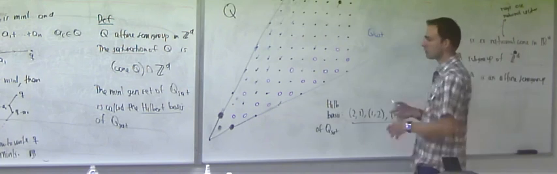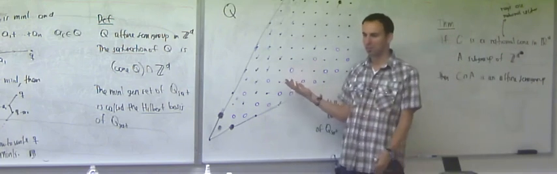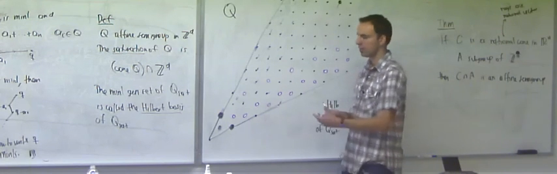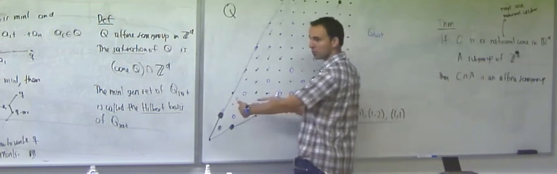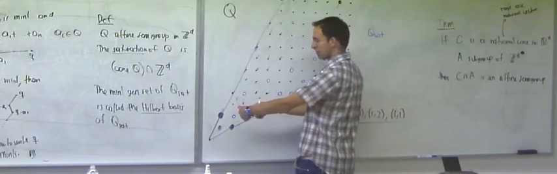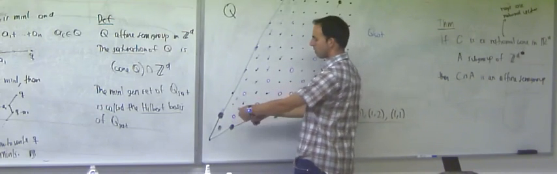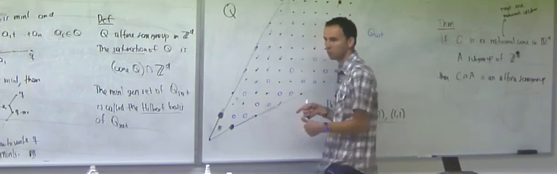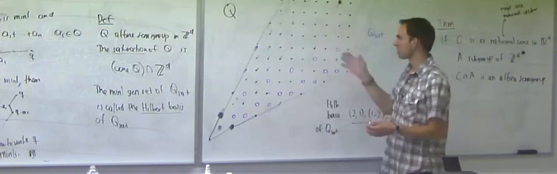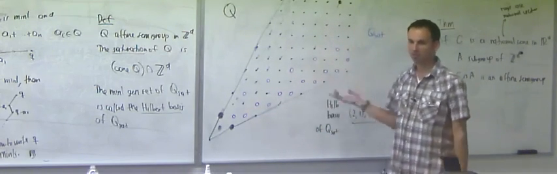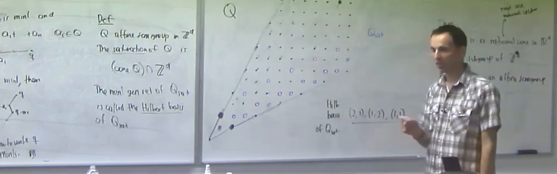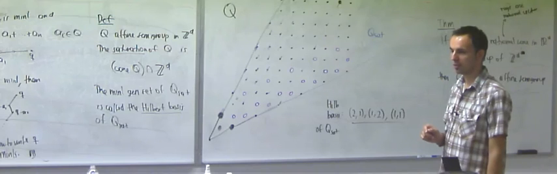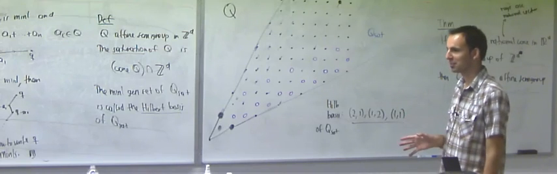You know, what do you need to be an affine semigroup? Well, you need to be a semigroup, meaning that if you add two guys, you stay in the cone. But this is a cone, and so whenever you take one vector of the cone and add it to another vector of the cone, you're not going to leave the cone. So you're definitely a semigroup. You're definitely affine because this thing, by definition, lives in a grid. And actually, the one tricky thing to check is finitely generated. And I think it's something that makes sense.